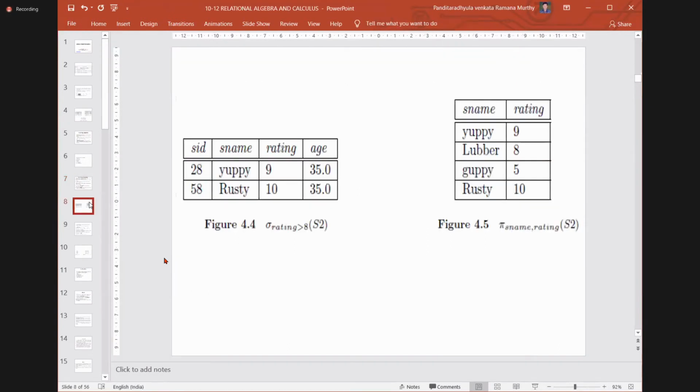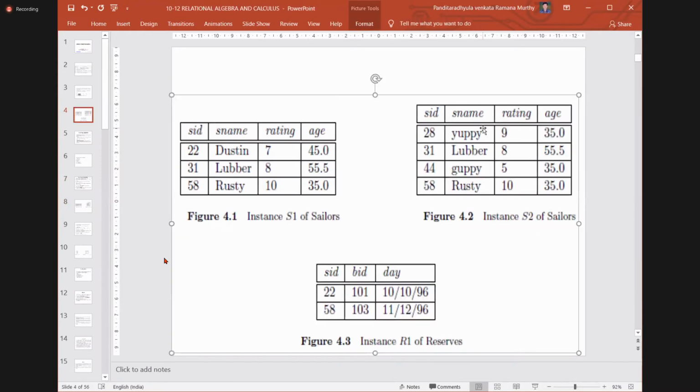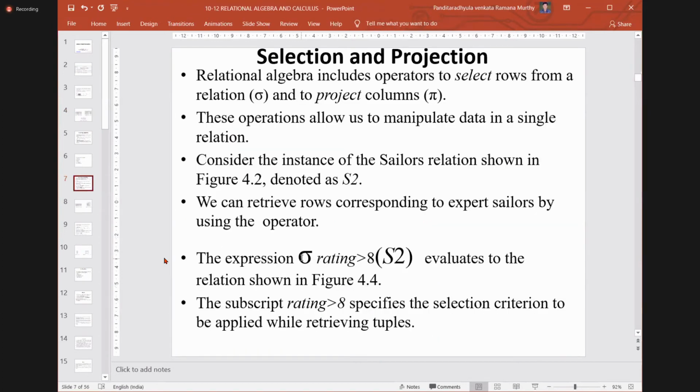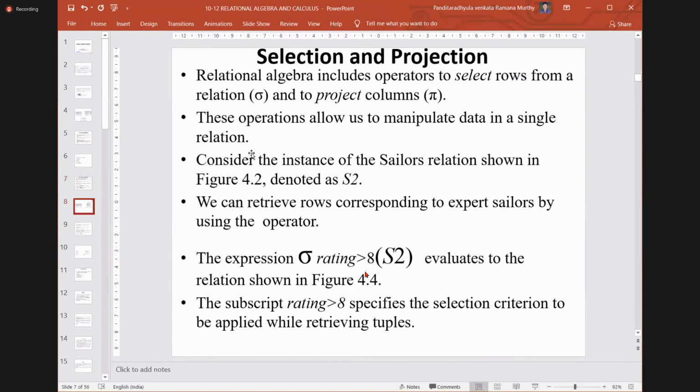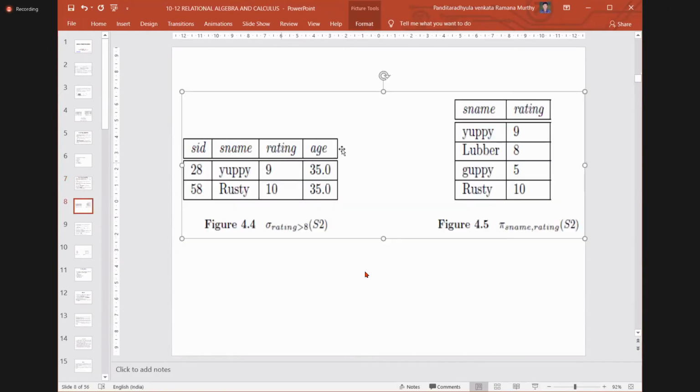So from the previous query, the result we are getting is two rows. When we apply the query, select rating greater than 8 from S2, we get the result of table number 4.4.